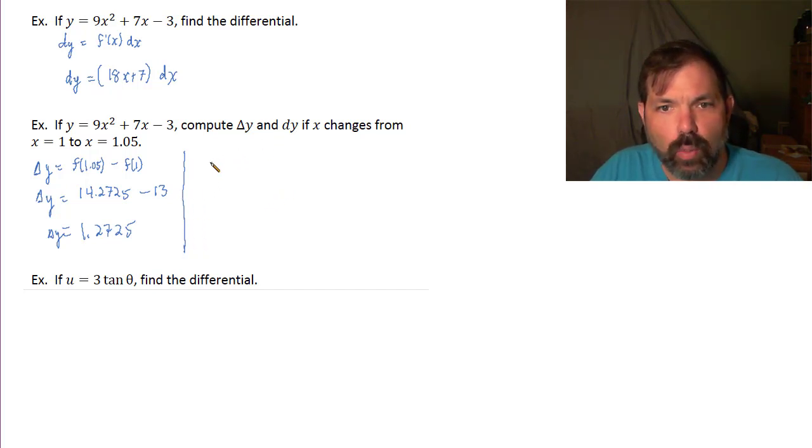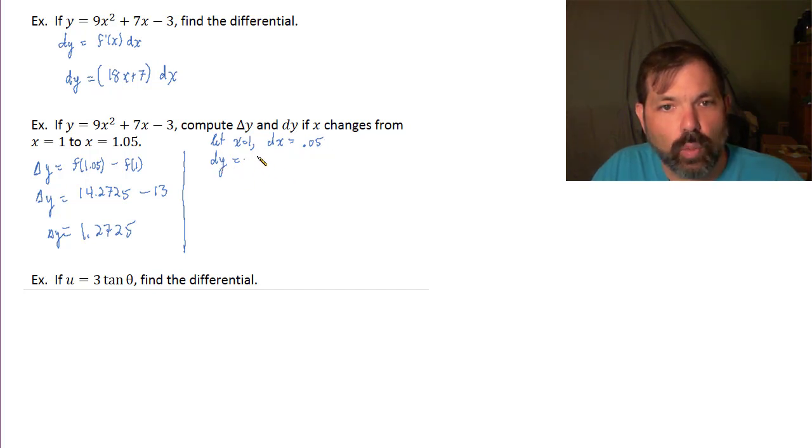Now what about dy? Well, this is a little trickier. What we're saying is we let x equal 1, and let dx, the change in x, be 0.05.